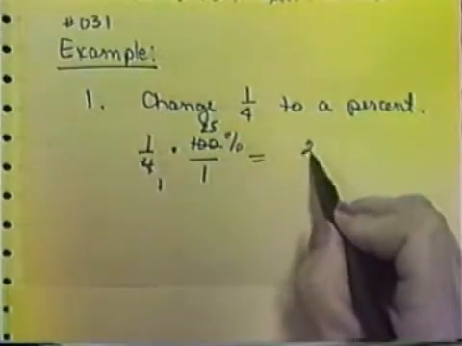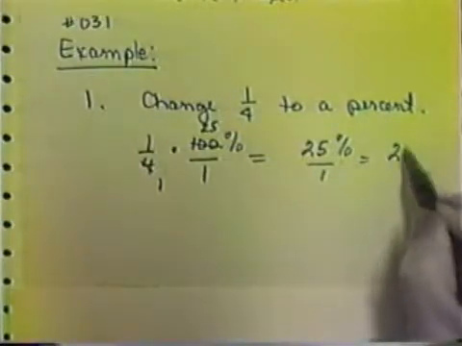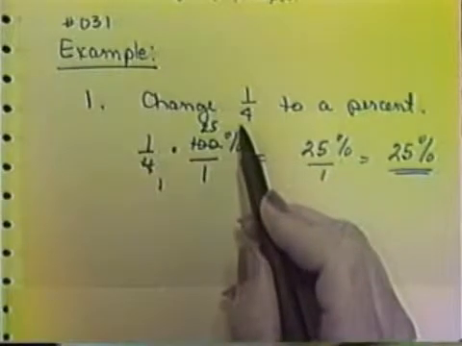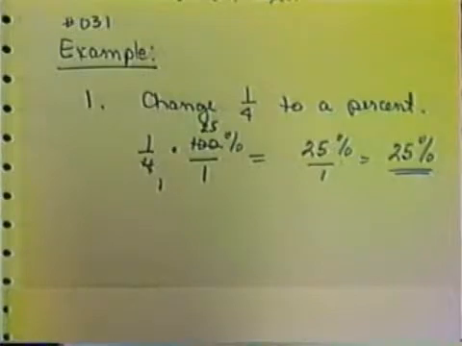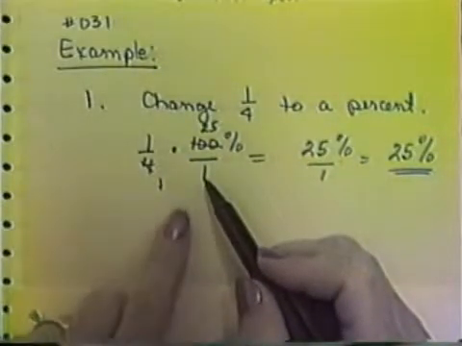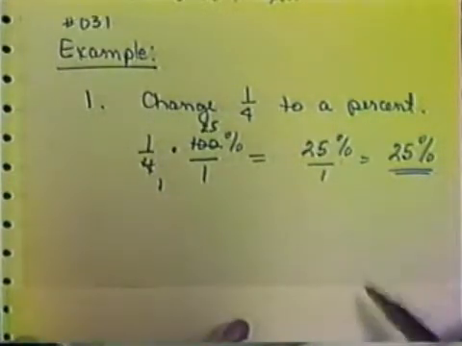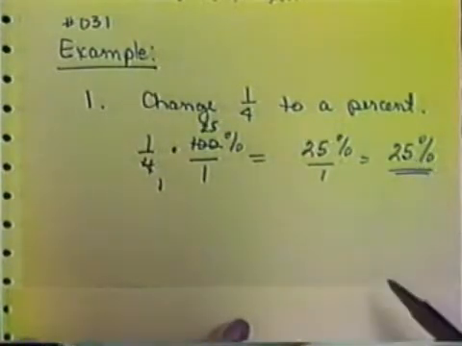That gives me 25% over 1, which is 25%. So 1/4 is equivalent to 25%, but that makes sense. If we're talking about a quarter, it usually represents 25. So we multiplied by 100% and changed it to decimal form. Now remember, decimal form doesn't have to show a decimal point. It can be understood at the end of the number.